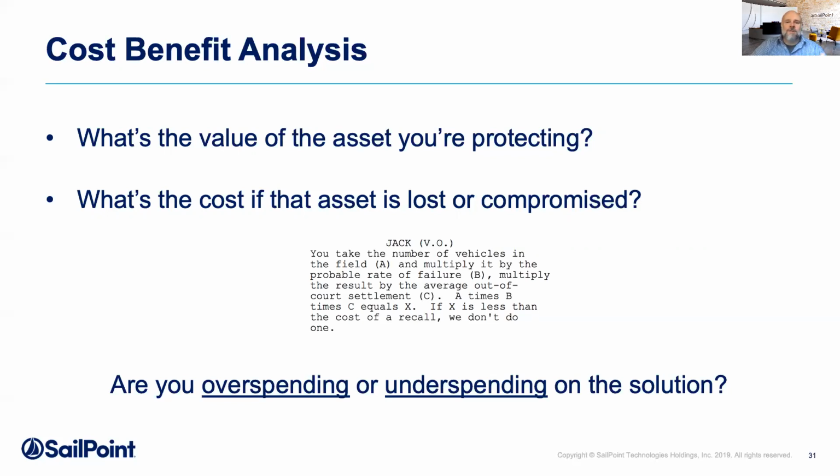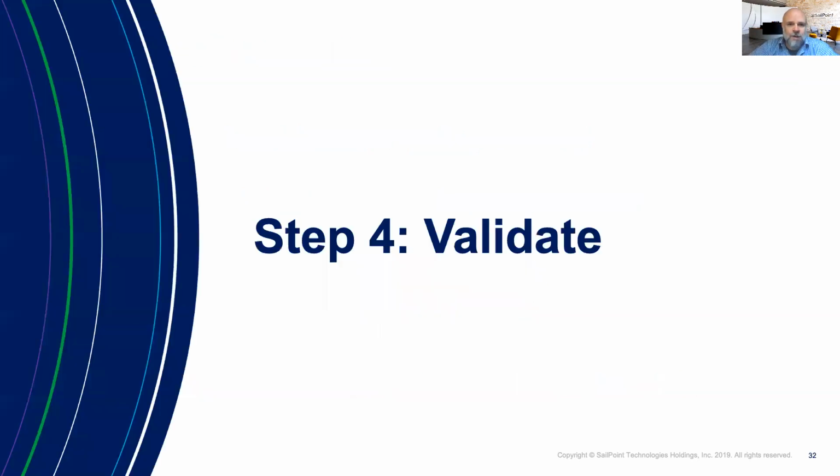Now, if it's a matter of physical safety or loss of life, whole different conversation. But there is a cost benefit analysis to be done so that you can determine whether or not you're overspending or underspending on the solutions you're proposing. So bring that to bear when you get to this stage of the process.